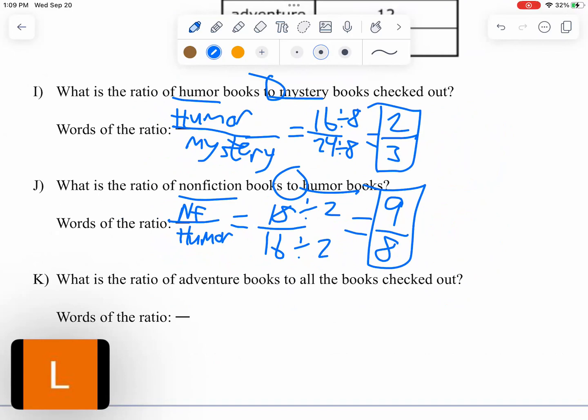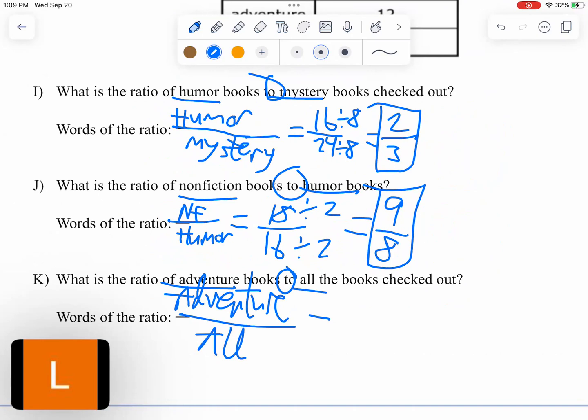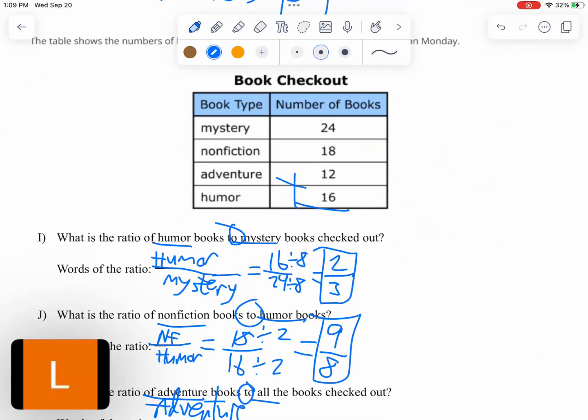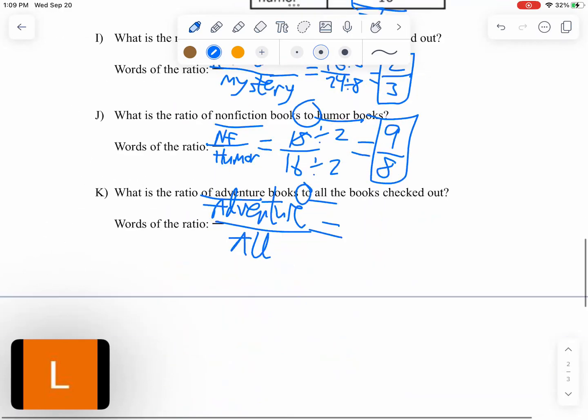And then finally, the ratio of adventure books to all the books checked out. So it's adventure to all, or adventure over total. I'll just put all. Now you got to add them up here, so you got to work on your adding skills. 4 and 8 is 12, 14, 20. 2 and 2 is 4, 5, 6, 7, 70. So there's 70 total books checked out.